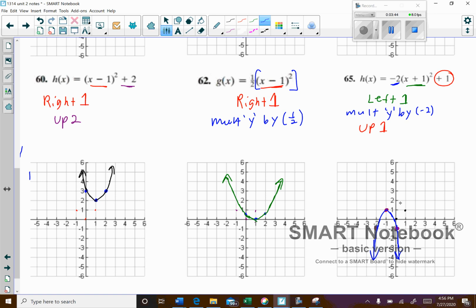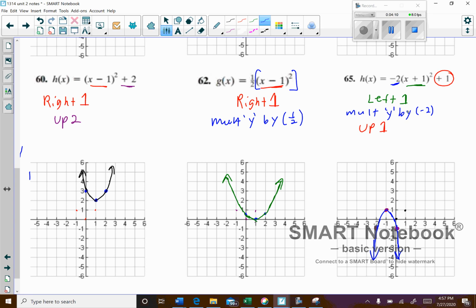And then the 2 is going to cause it to stretch vertically a little bit. And so what you'll notice is that it's a little bit tighter right there, that parabola. This is a little bit wider on the other ones you can see. So what you want to remember is vertical transformations are always last, horizontal are always first, and anything in the middle, it doesn't really matter the order that you do that in.